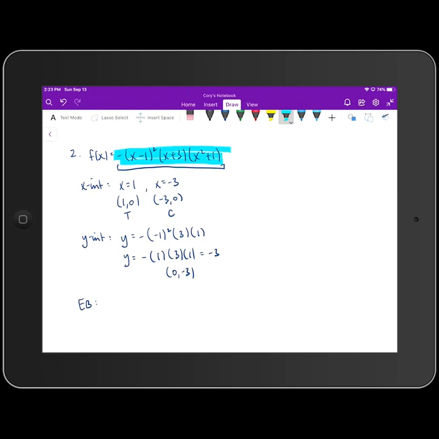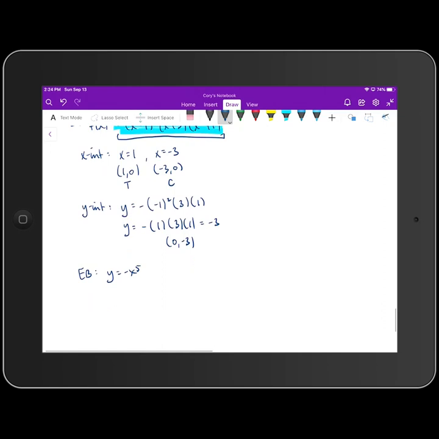Well, we would take x squared and then take the opposite of it. So if I were multiplying this out, that would be -x squared times x squared. So the highest degree term, if I multiplied all that out, would be -x raised to the 5th power. So that would be the end behavior of our function.